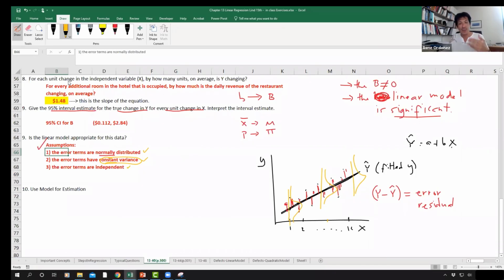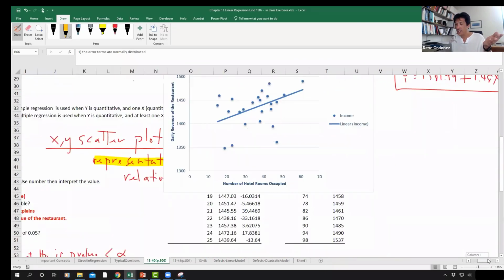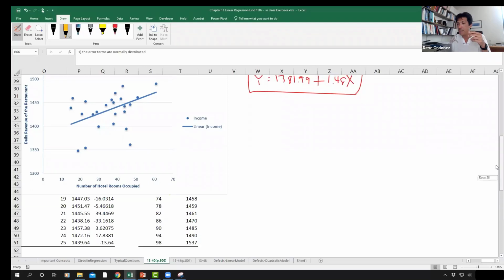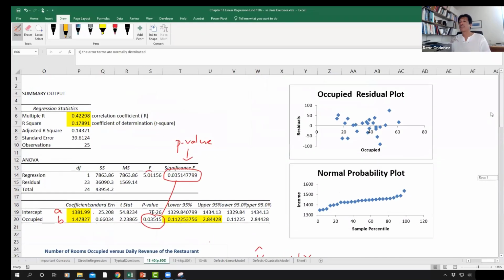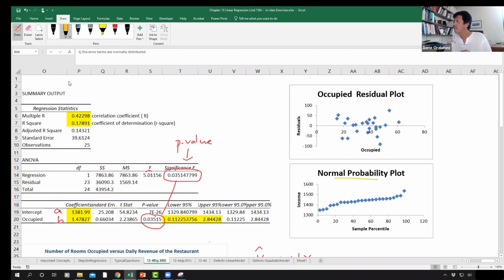How do we test whether these assumptions are satisfied? We'll go back to the residuals. Okay, where are those residuals? I thought I created them. There you go. Okay, now over here, the normal probability plot tests the assumption of normal distribution.